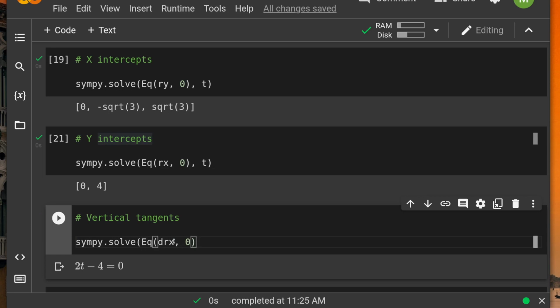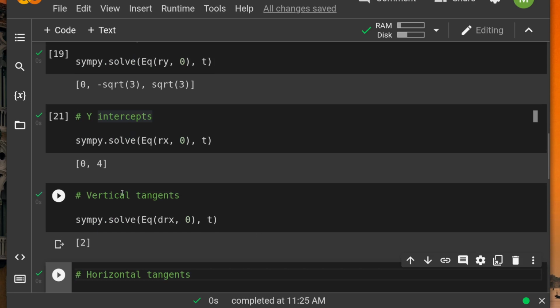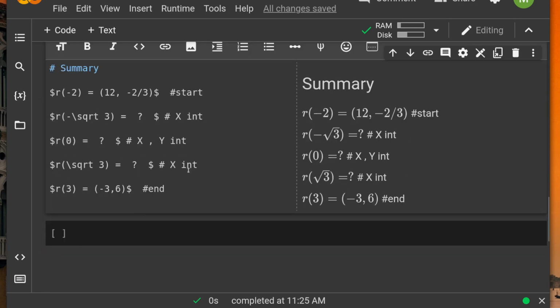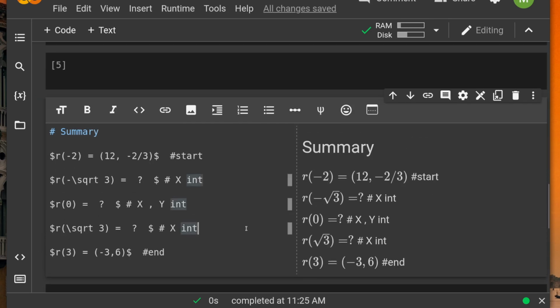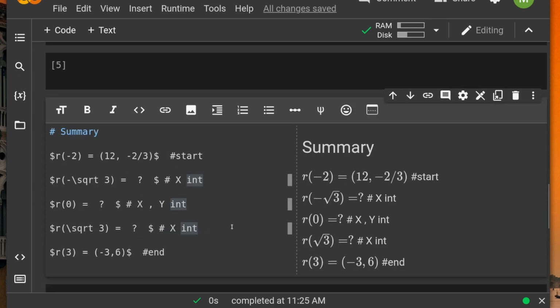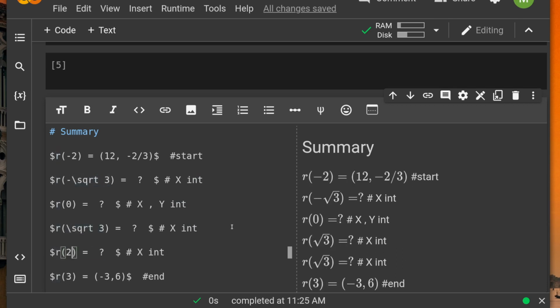SymPy.solve, and we want to solve this equation for t. And we see we've got a vertical tangent when the parameter t is equal to 2. So 2 is just slightly bigger than the square root of 3. So let's put them in order there. Here we've got a vertical tangent.